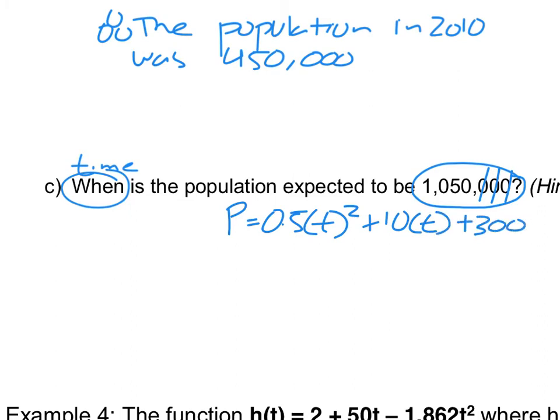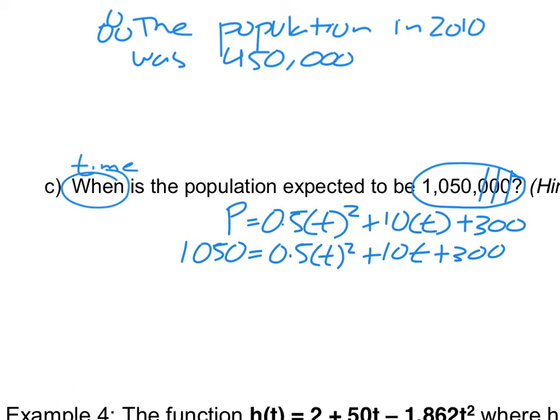So I'm trying to find these t values or time. So I know that I want my population to be 1,050, which is actually 1,050,000. And now I'm going to solve for time through factoring. So just like we did before, we have to take any value on the opposite side of the equal sign and bring it over to equal 0.